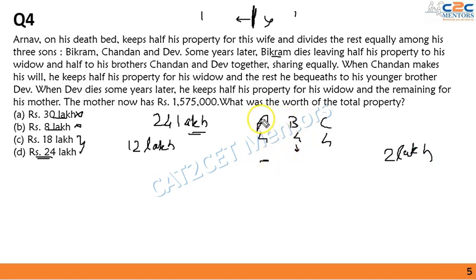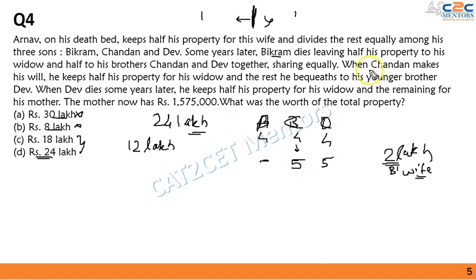Now B dies, so the 2 lakh are going to go to B's wife, and the remaining 2 are going to get equally split. So Chandan and Dev are going to get 1 lakh extra.